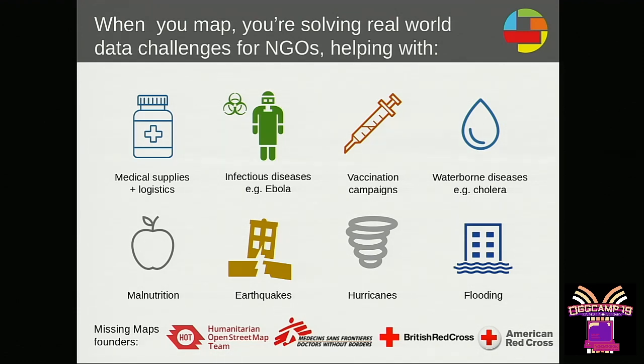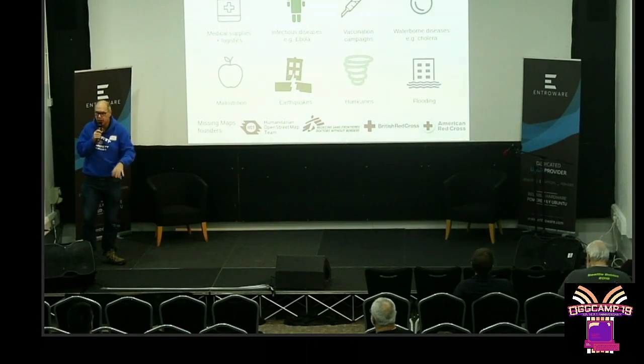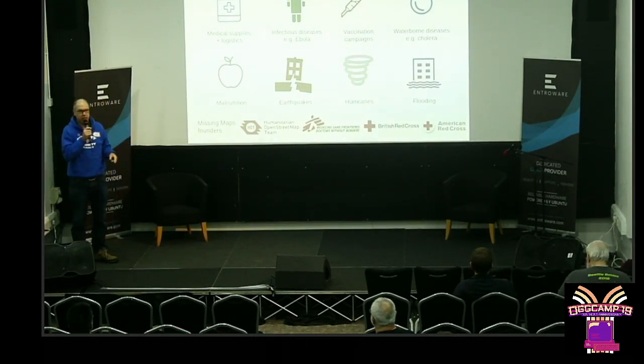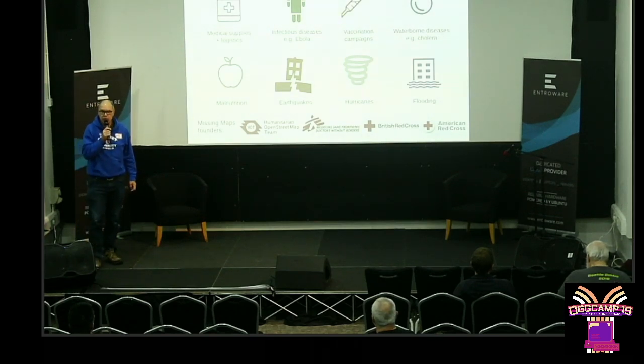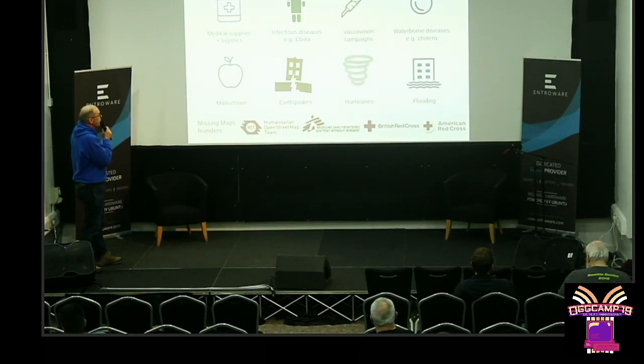This is a barely functioning society. So when we know where all the villages are and how many buildings there are, we can do a fairly good estimate of how many people live in that village, and we can roll that up to the whole country. So we can then start to ship the right amount of medicine to various parts of the world.